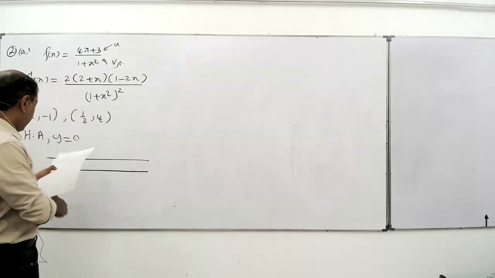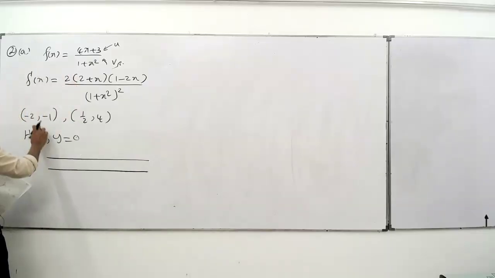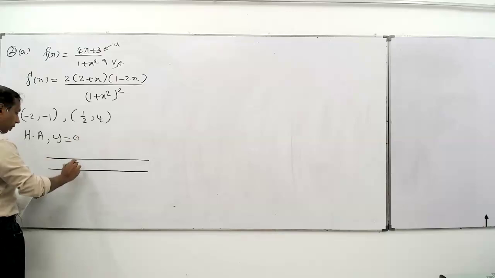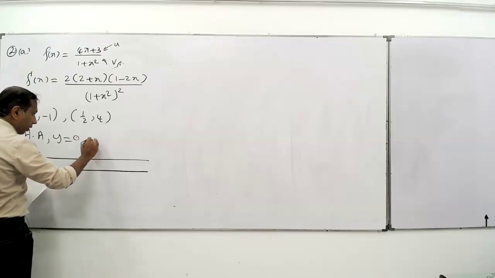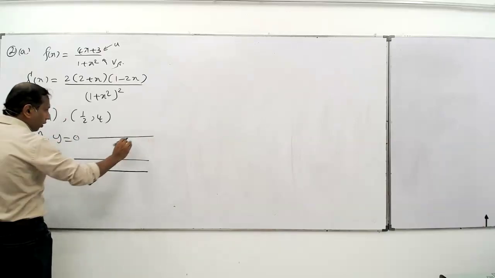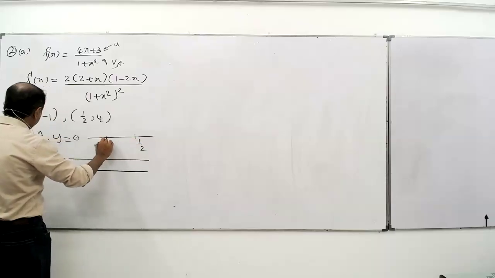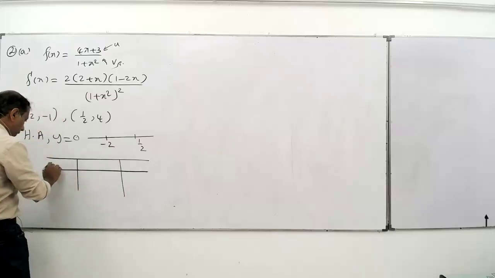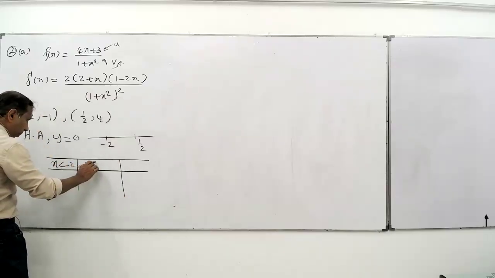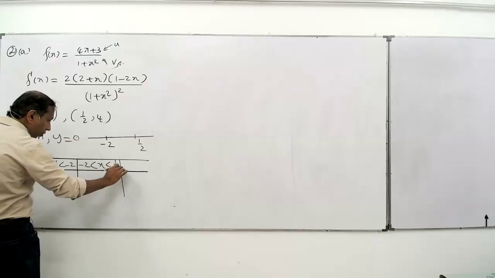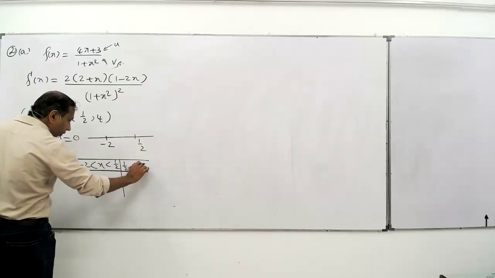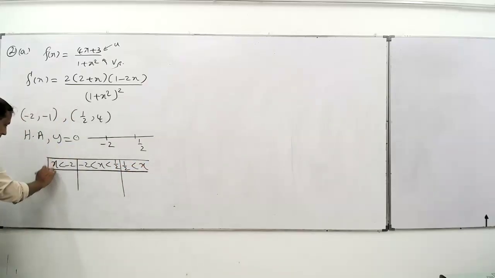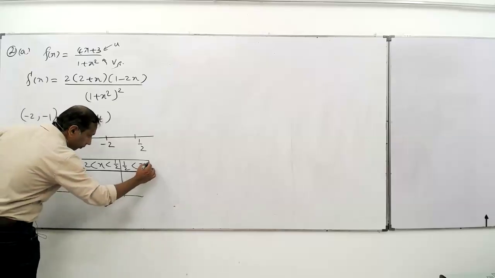Right. So then the x values are minus 2 and half. Then we draw that on the number line like this. Here half, here minus 2. The ranges are now: x less than minus 2, between minus 2 and half, and greater than half. These are the three ranges.